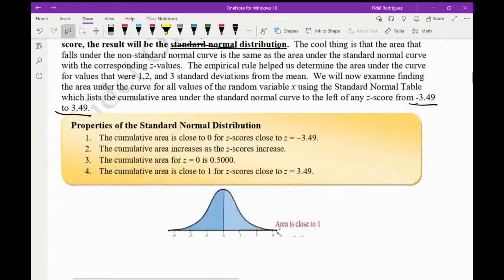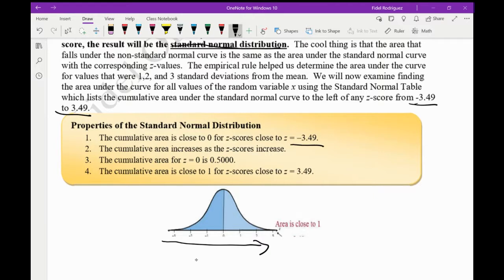Okay, so let's see what we can figure out here. It says the cumulative area is close to 0 for z-scores close to z equals negative 3.49. What we're doing, guys, is finding the area under the curve, and we're always finding the area from the left to the right.